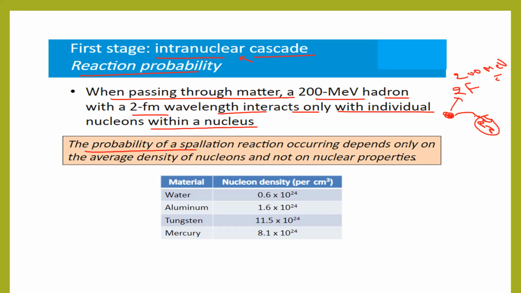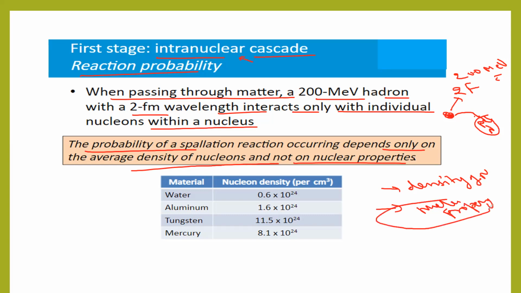The probability of spallation reactions occurring depends only on the average density of the nucleus and not on nuclear properties. So this spallation reaction depends on the average density of the nucleus, but it doesn't depend on nuclear properties. Nuclear properties means nuclear charge, nuclear mass, and like that.